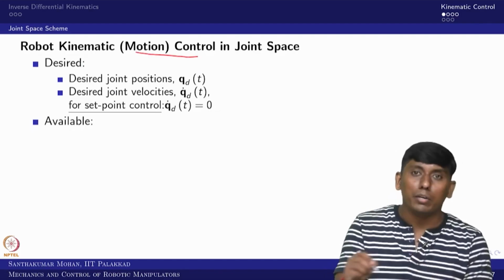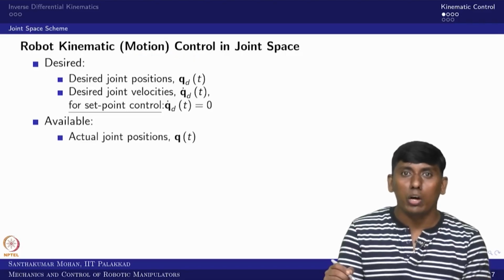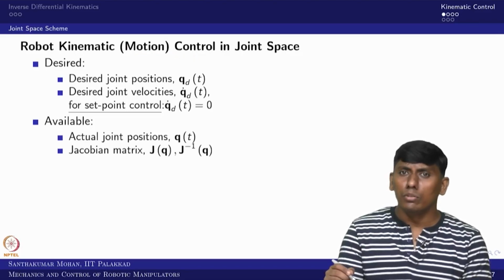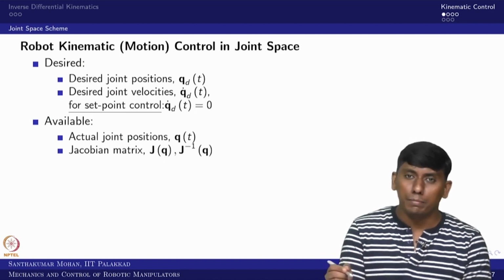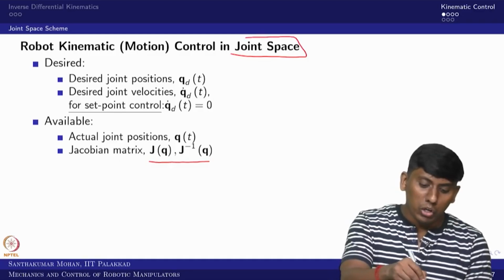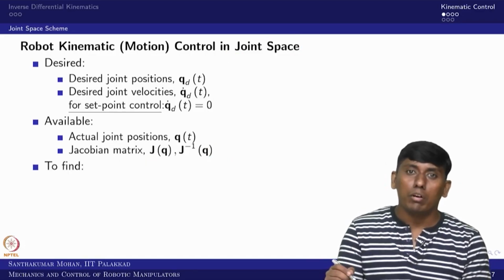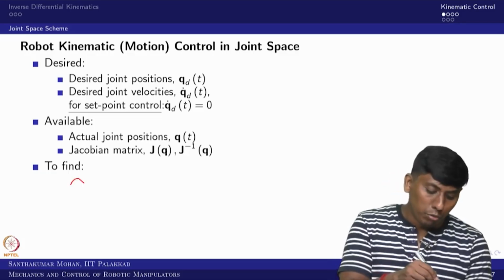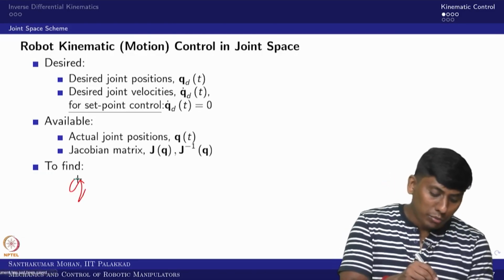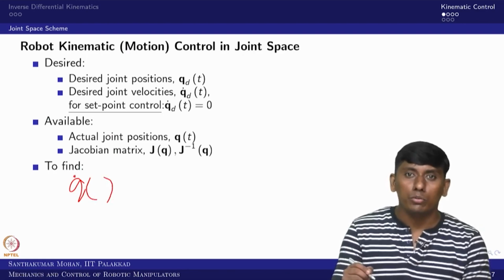If we think about kinematic or motion level control, q of t, which is the actual joint position, is supposed to be available. Further, if we are moving between spaces we may require the Jacobian, but if we talk about joint space, this may not be directly required. Okay. So then what we are trying to find out is the actuator speed, in the sense joint velocity should be known.